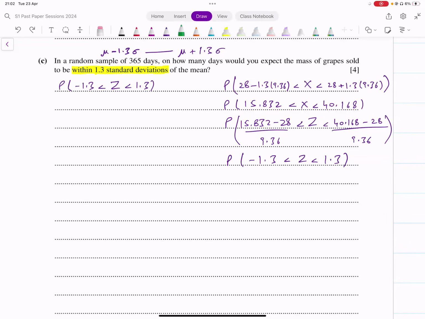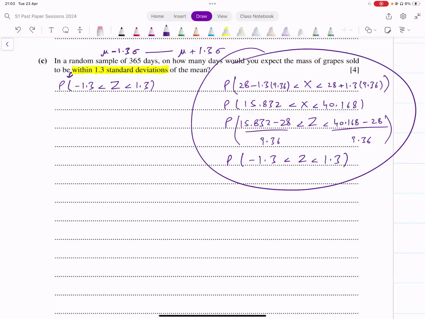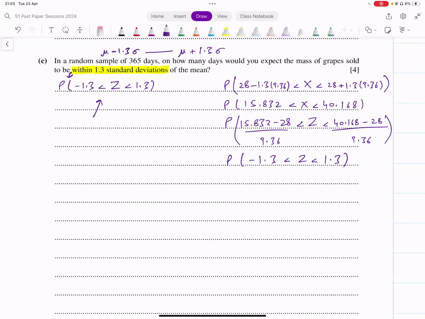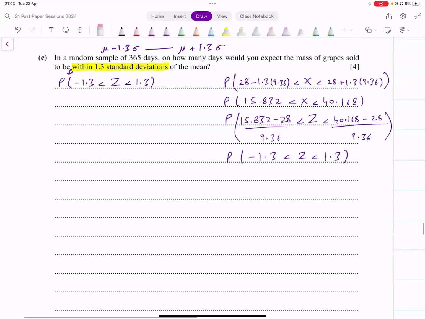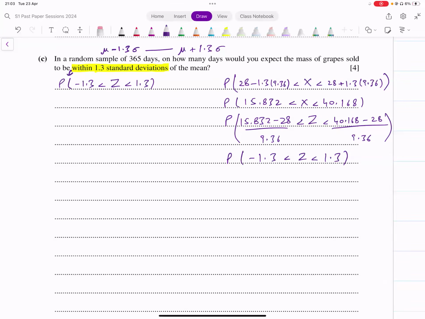So if they're saying within 1.3 standard deviations, you could directly write this using that. Okay? And you would not have to do all of this in that case. And now you just need to find this probability. How do you do that? That's the question now, because you've got a two-sided interval now. Okay, so how do you think about this?